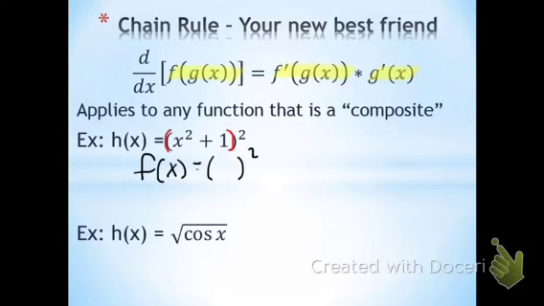That's what we're talking about as being f of x. Is something squared right there. And then g of x could be written as the inner function, which is x squared plus 1.